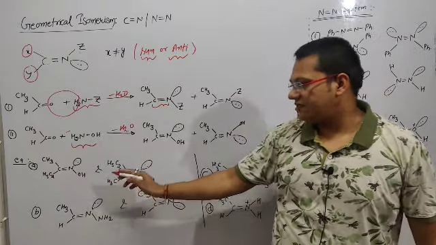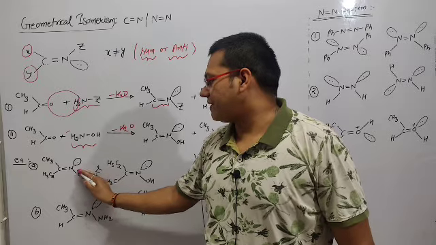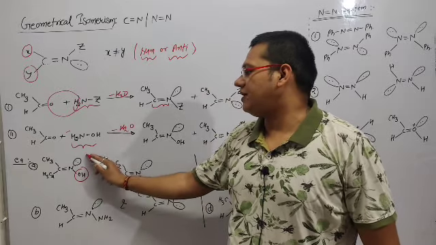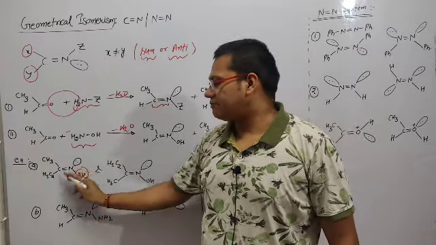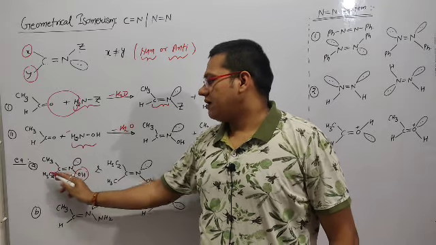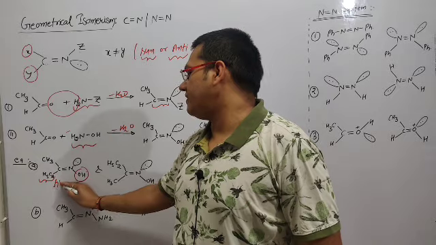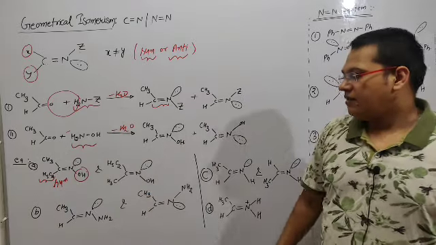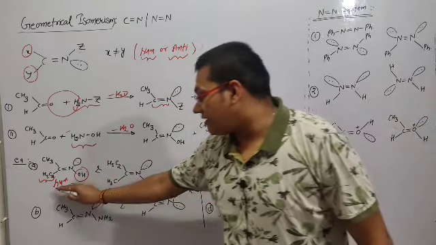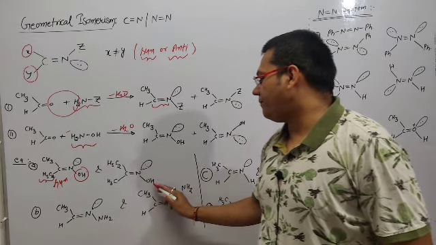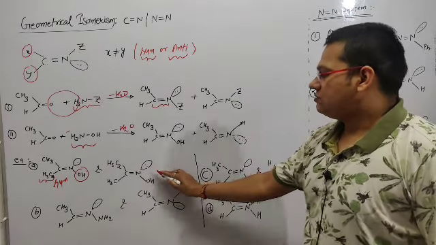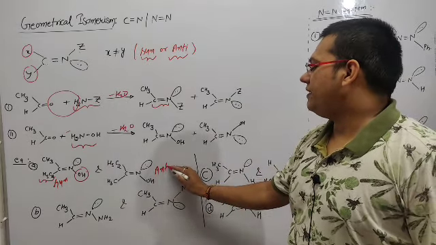Simply, with respect to the OH group, you do not see the lone pair. With respect to OH, if this ethyl is on the same side, this system is called syn. And with respect to ethyl, if this OH group is in the anti position, then this is anti.